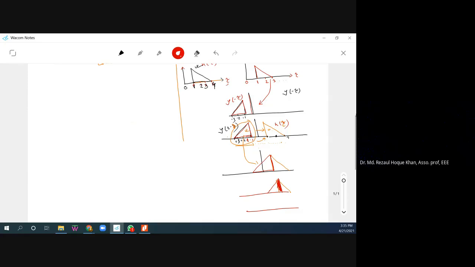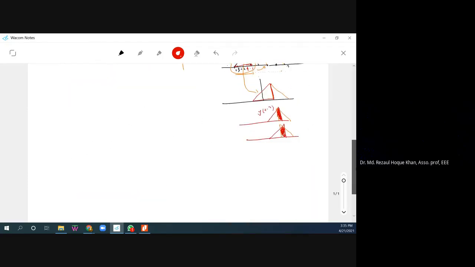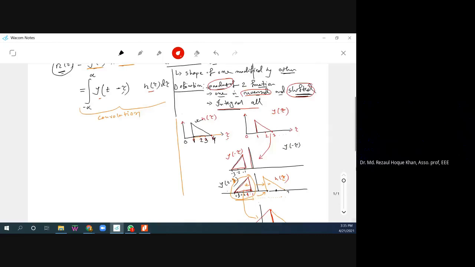For example, in the next time it will be here, and y of t minus tau is moving, so it will be moving more. Now this part is the integration. H of tau remains the same.